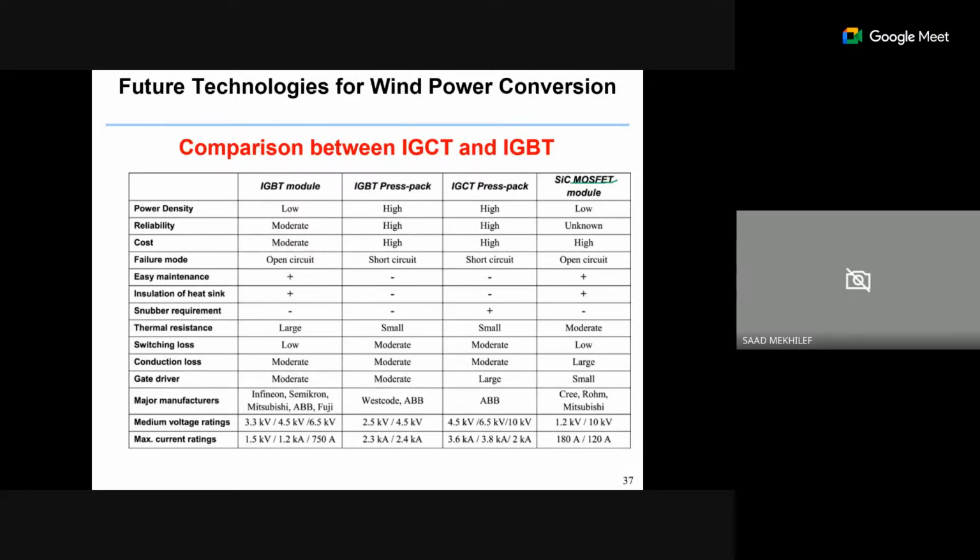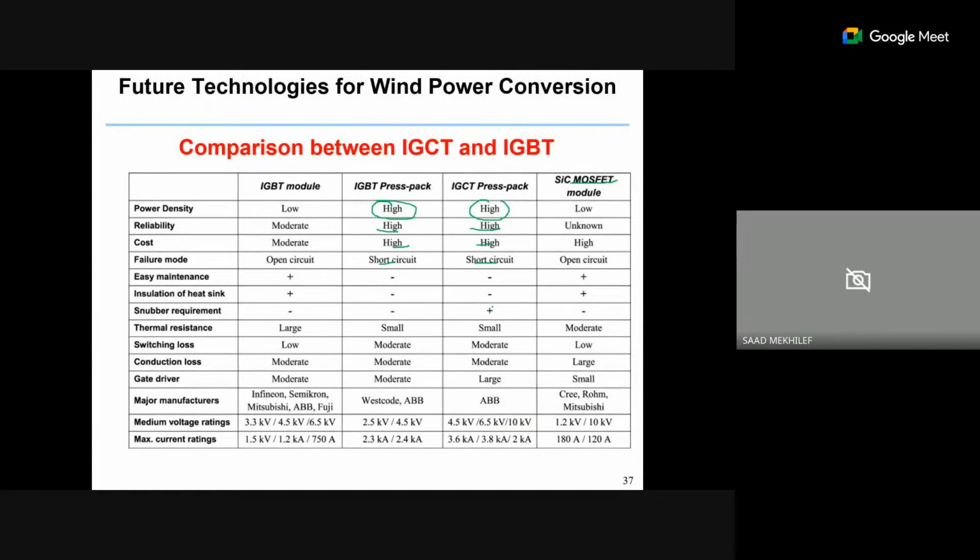In terms of power density, it is very high, because it's a pack. In terms of reliability, it's high, quite high, because we compare apples to apples, the IGBT press pack with the IGCT press pack. In terms of cost, both are high. In terms of failure mode, they short circuit.